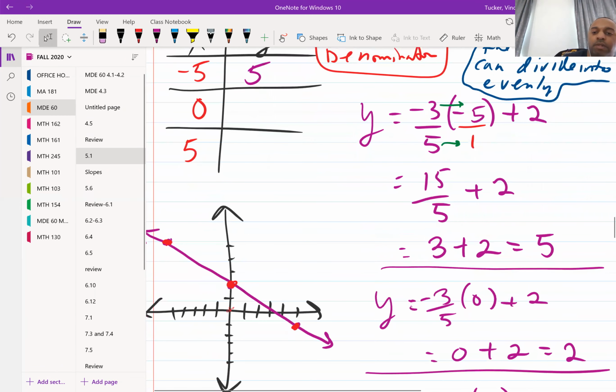Do the same thing for 0. It's right here. Negative 3/5 times 0 is 0. And 0 plus 2 is 2.